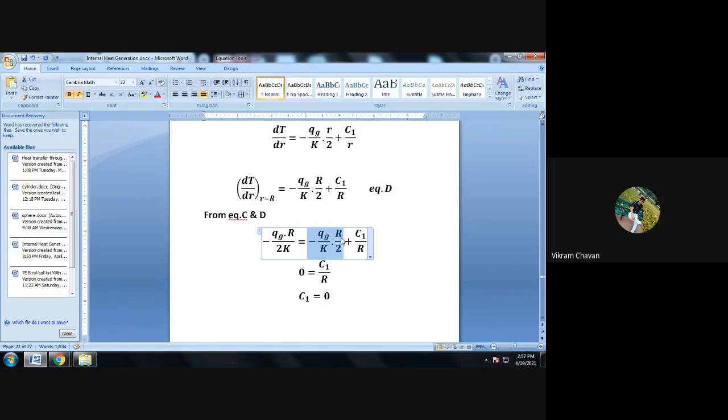If you transfer the sign, it will be plus, and minus and plus will be cancelled. So on the left side nothing will remain, so 0, and from the right hand side C1 divided by R will remain. We will get C1 is equal to 0. That is our first constant.